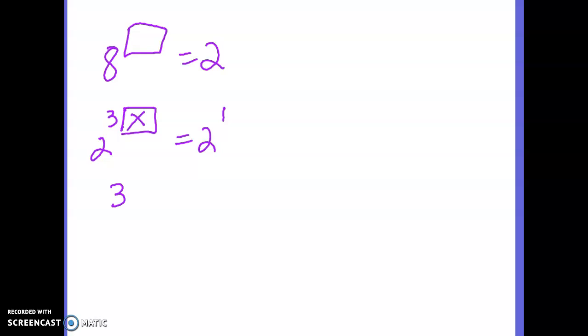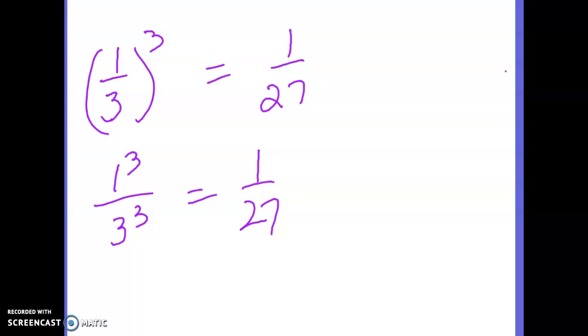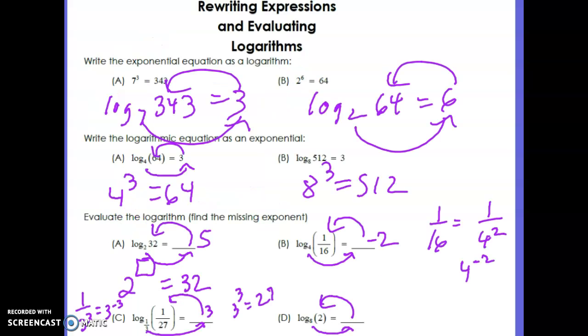Then 3x has to equal 1. What's x? X is going to be 1/3. So 8 to the 1/3 power equals 2. And that makes sense because the cube root of 8 is 2. So 1/3. And we're finished.